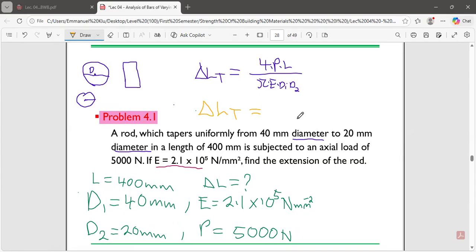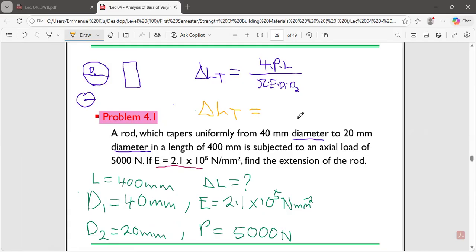Okay, so let's all punch. That is 4 times 5,000, or 4 times 5 kilo, all over 22/7, which is also known as pi. If you can't see pi on your calculator too, it is a problem. Okay, yes.